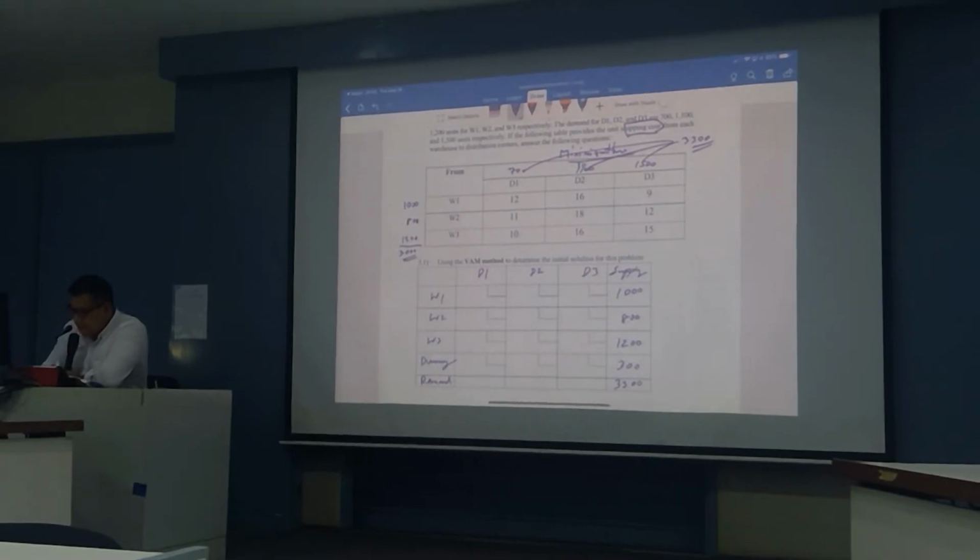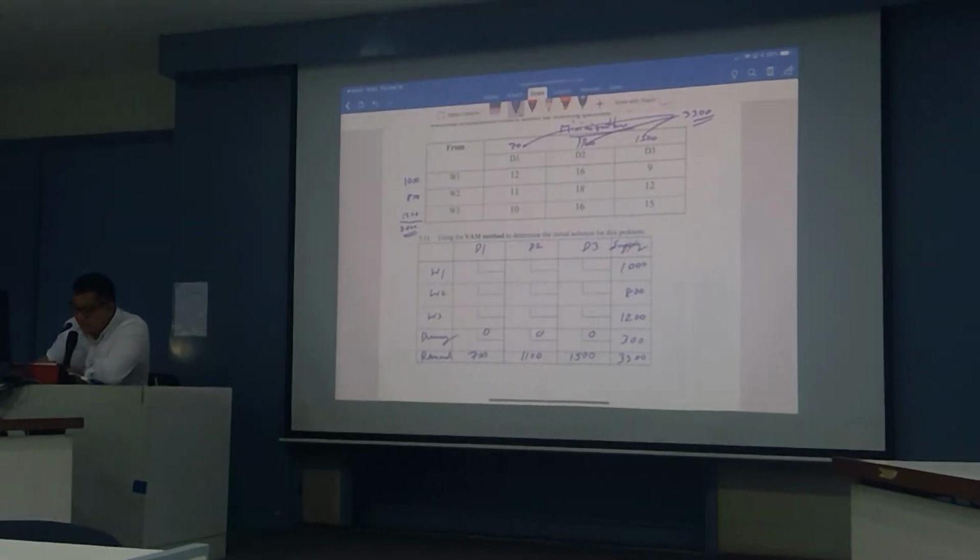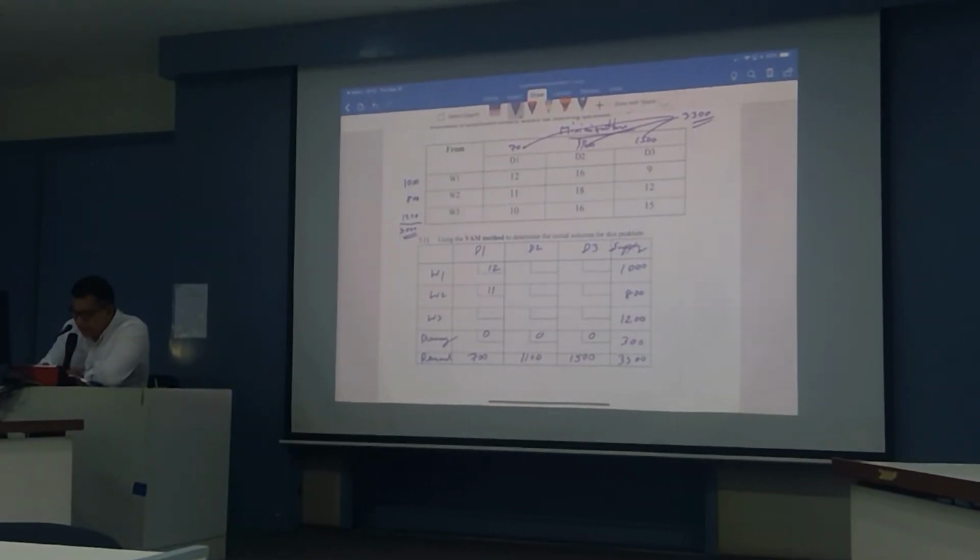The dummy has to have a capacity of 300, equal to the difference between demand and supply. And the cost for the dummy is 0, and we duplicate the cost.